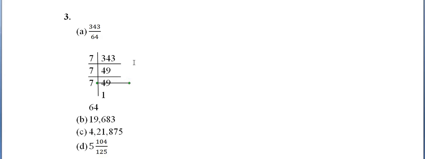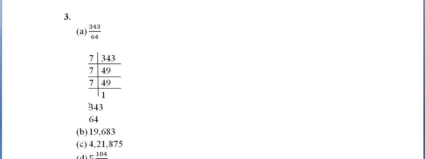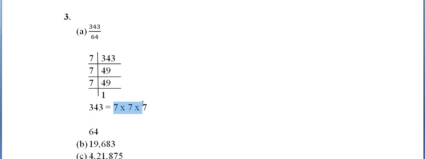So 343 equals 7 into 7 into 7. For a cube root, there must be repetition of the same number 3 times. So 7 is the cube root of 343.